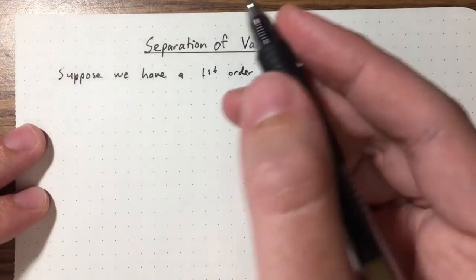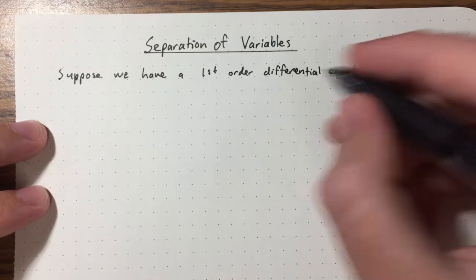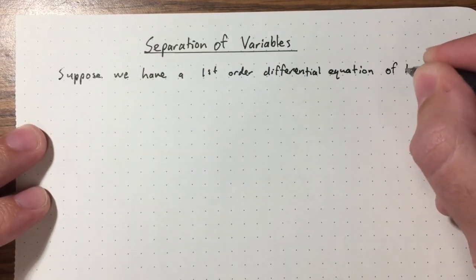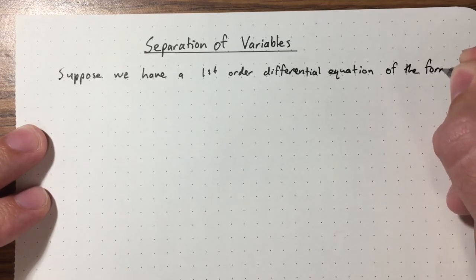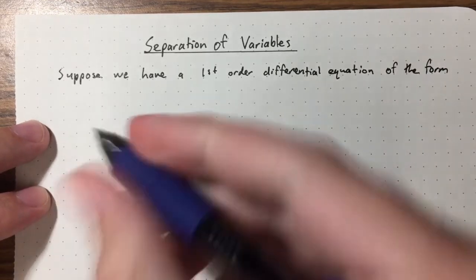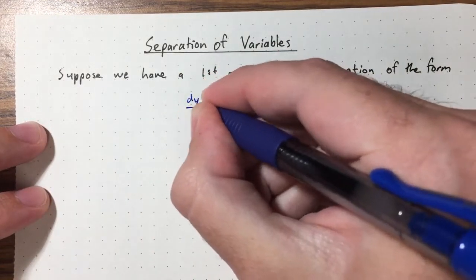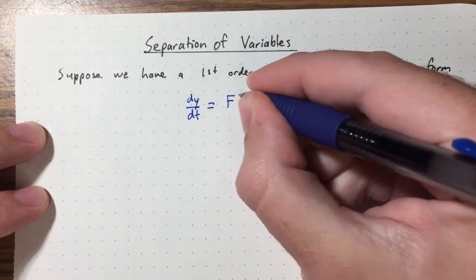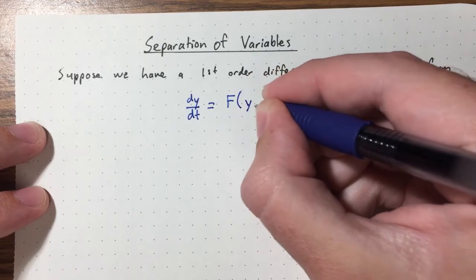So we don't have any second derivatives, third derivatives, or higher derivatives. So suppose we have a first order differential equation of the form dy/dt equals some function of y and t.